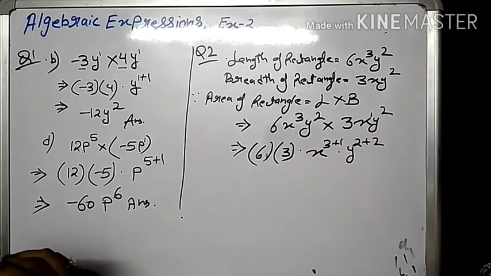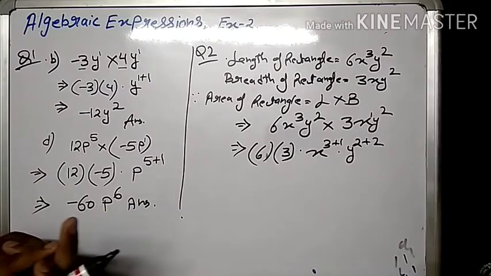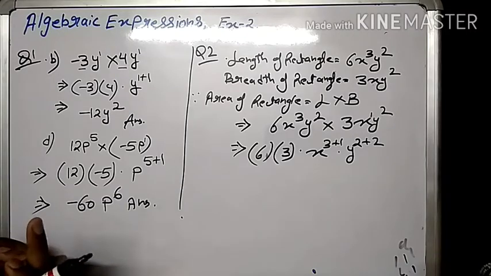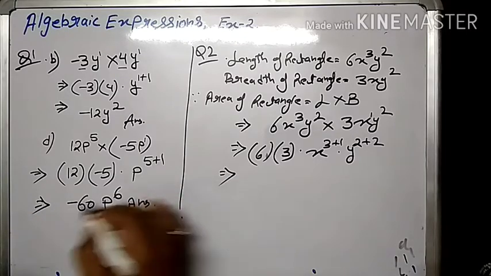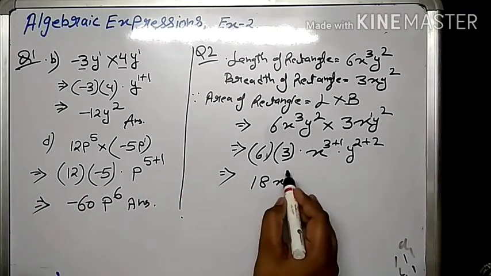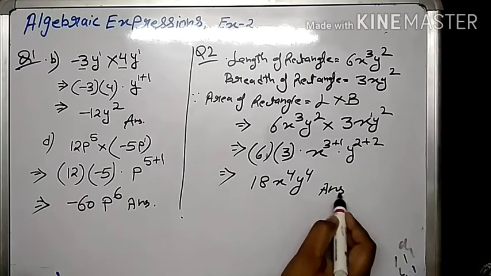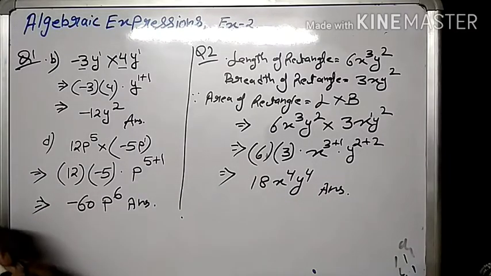In the chapter power and exponent, we have studied lots of laws. Out of those laws, when the base is same, the powers are added. Okay, is equal to 6 3s are 18, x to the power 4 and y to the power 4. This is the answer.